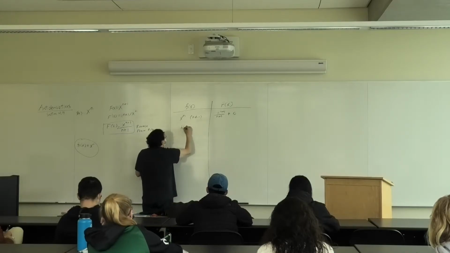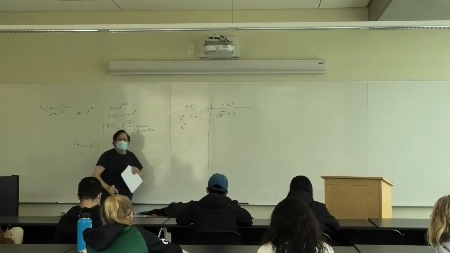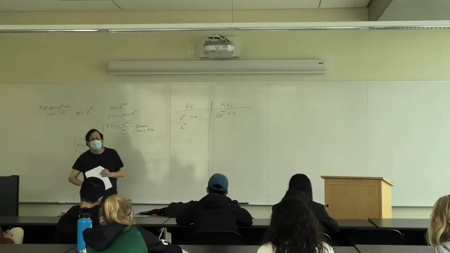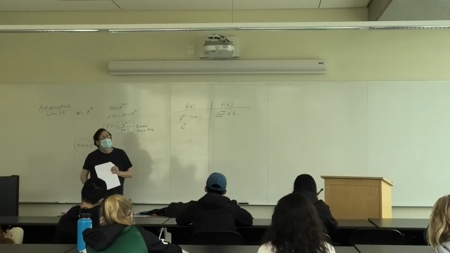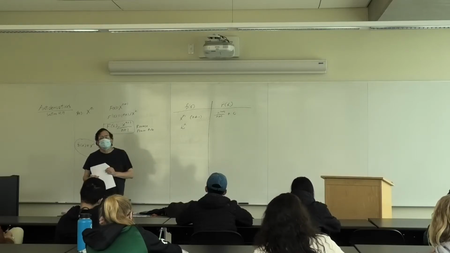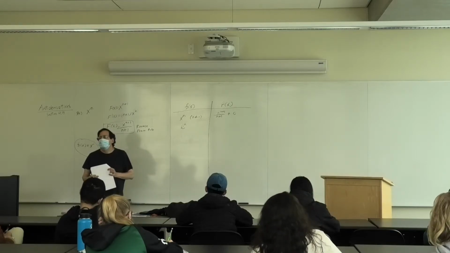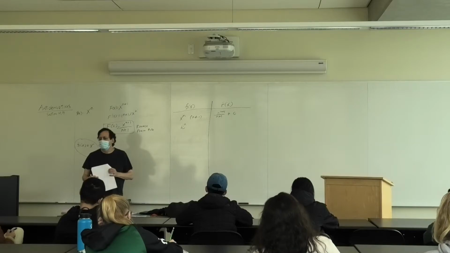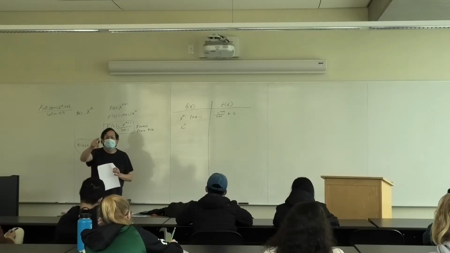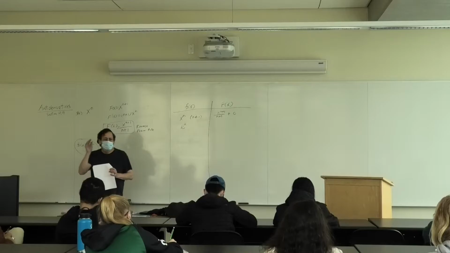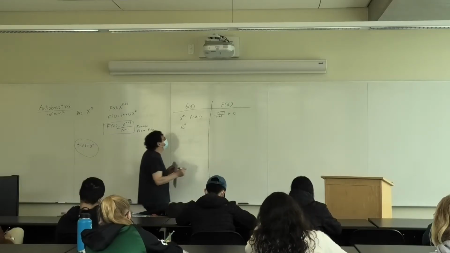Now, who wants to take an easy stab at this one? e to the x. What's the antiderivative of e to the x going to be? e to the x plus c.